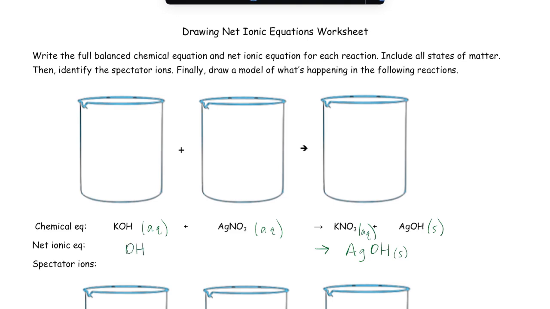We want to have the OH minus, its charge, as well as its state that it's aqueous. And from our second compound, it's the silver. Silver is +1 and it's aqueous. Now our spectator ions are going to be our ions that did not participate in order to make our precipitate. So out of potassium hydroxide, that's potassium. And out of our silver nitrate, that's the nitrate.